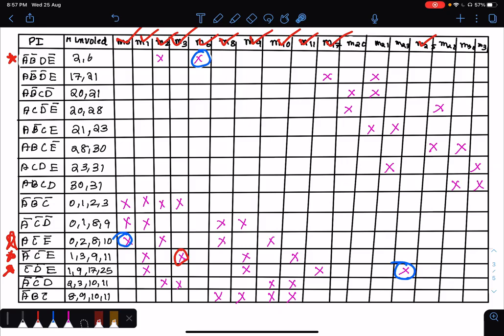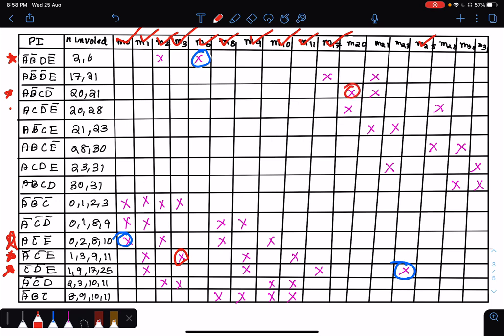I think both are okay. You can select either of them, no problem. So I am selecting the first one.